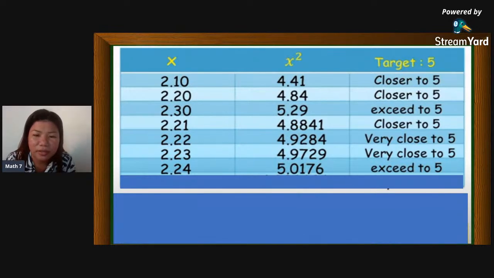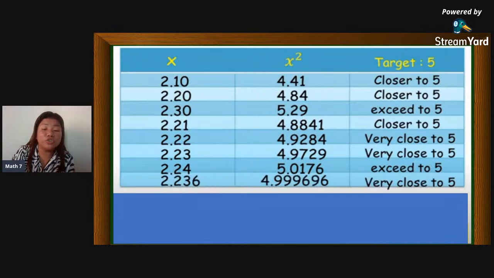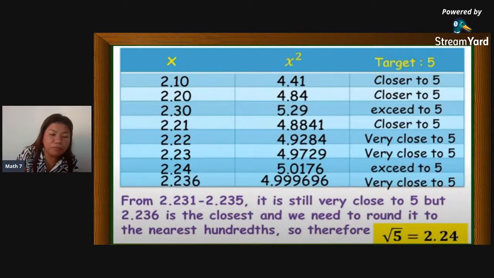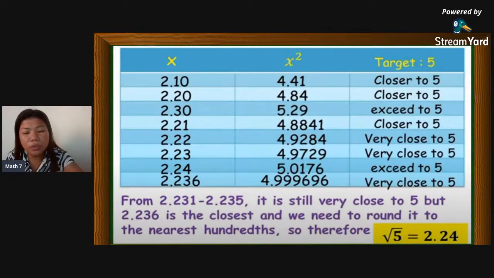Okay. So, malapit na ha. Nag-i-estimate tayo dito. So, next, 2.236. Nag-add lang tayo. Masyado na siyang malapit sa 5. So, ibig sabihin, from 2.231 to 2.235, that is still very close to 5.